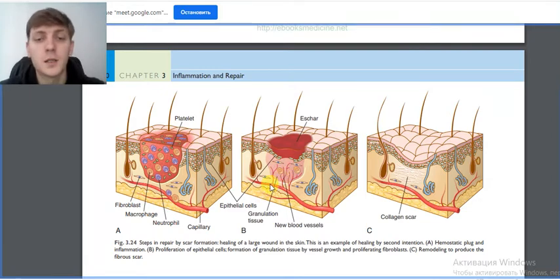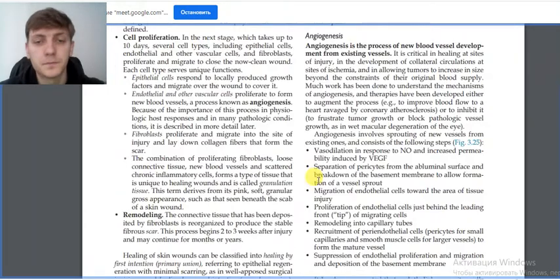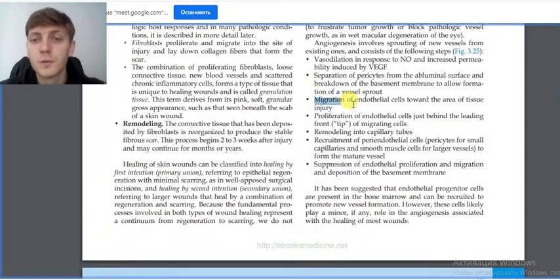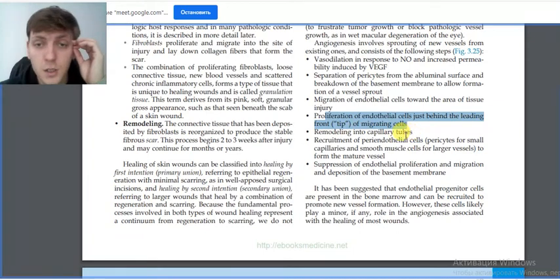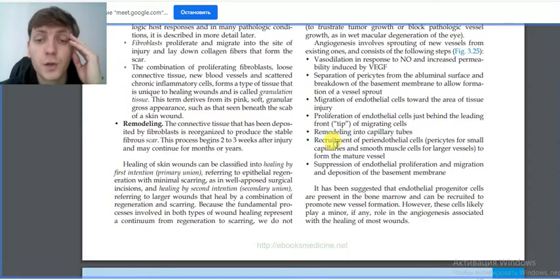Then blood vessels grow inside the inflammatory area, and endothelial cells migrate towards the area of tissue injury, which is also part of VEGF activity. Then endothelial cells proliferate just behind the leading front tip of migrating cells, remodeling into capillary tubes, and there is recruitment of periendothelial cells, pericytes for small capillaries and smooth muscle cells for larger vessels, to form the mature vessel.